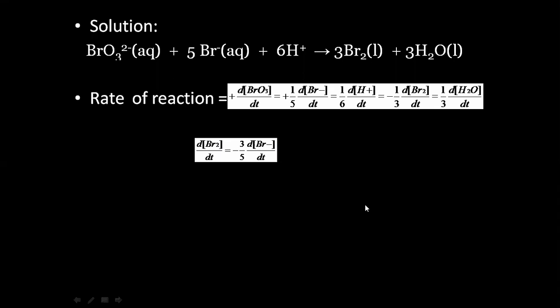Only the expression changes, the way we denote the change; otherwise the whole concept remains the same. And how to solve problems based on the rate of a reaction, we have seen that. So that is how we can understand the rate of a reaction in chemical kinetics.